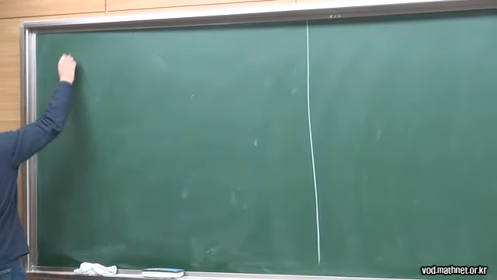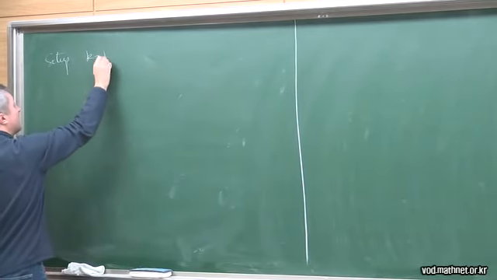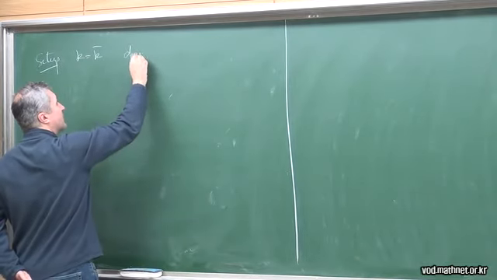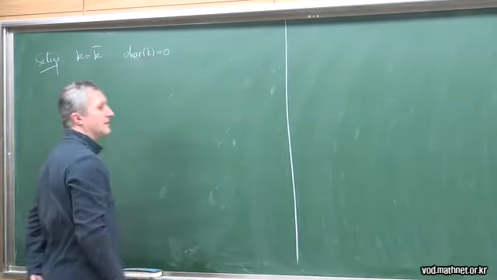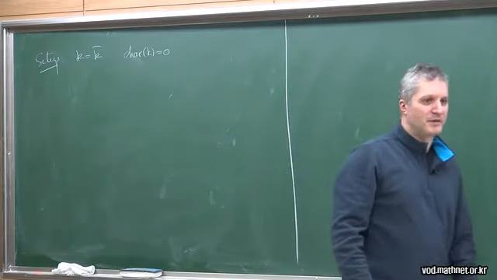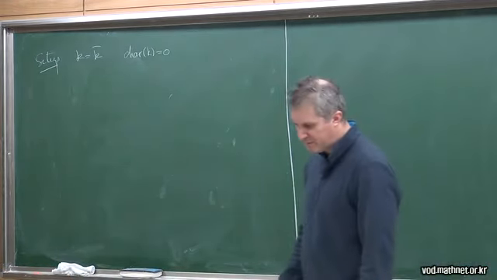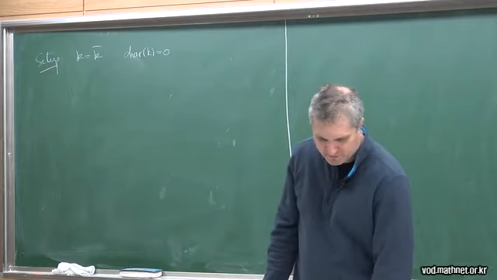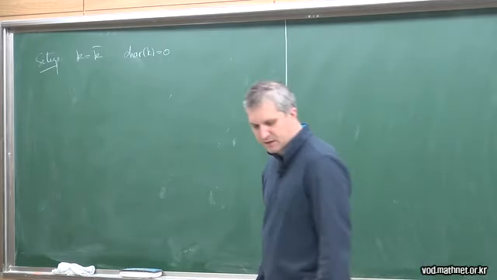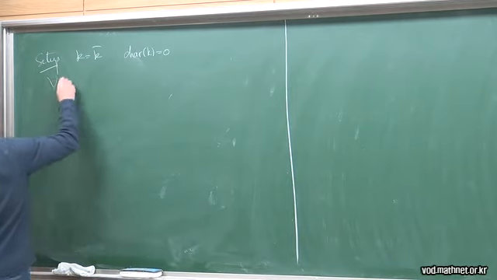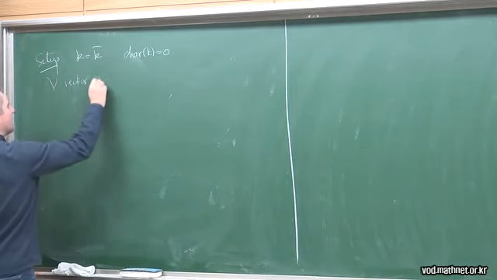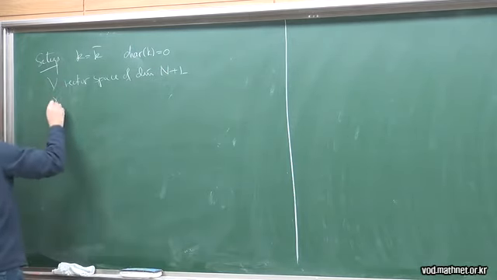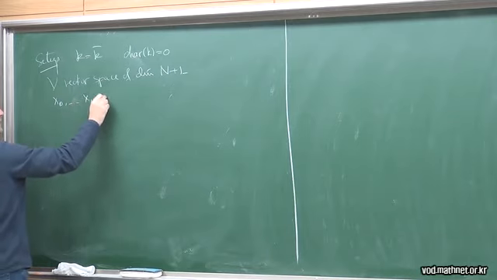Okay, let me start with some setup and notation. K will be an algebraically closed field. To avoid questions about the characteristic, I'm going to assume from the start that it's of characteristic 0. This hypothesis is not necessary, but it keeps things as simple as possible. We take V a vector space of dimension n plus 1, with x0, ..., xn a basis.